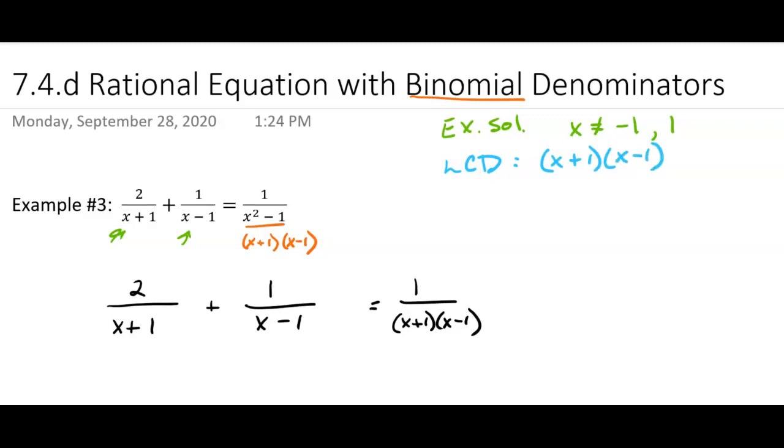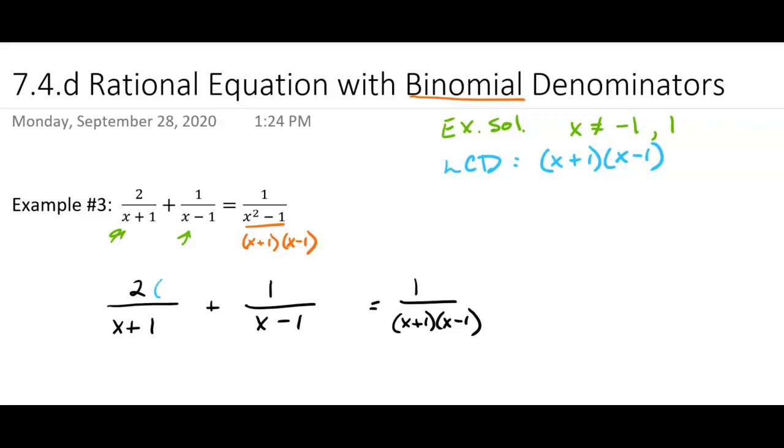So we did LCDs when we were finding least common denominators, when we were adding rational expressions. So that was back in 7.2, I think.